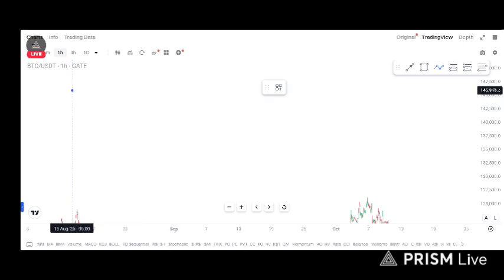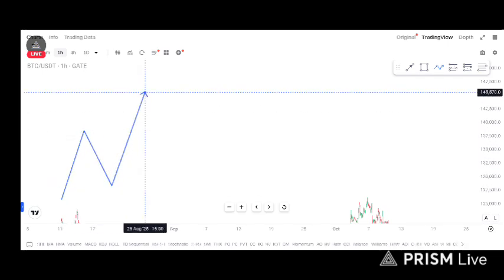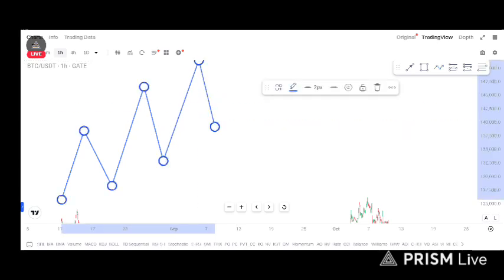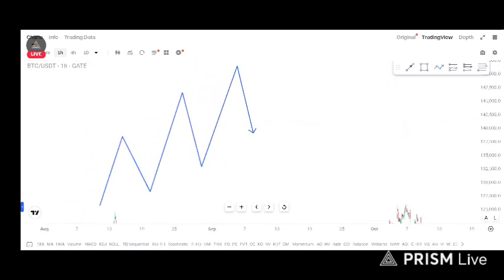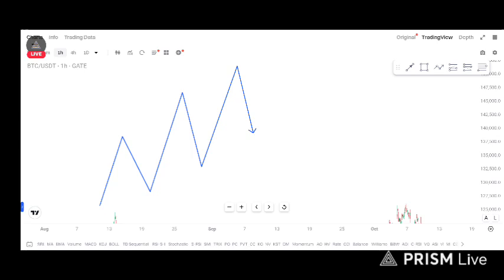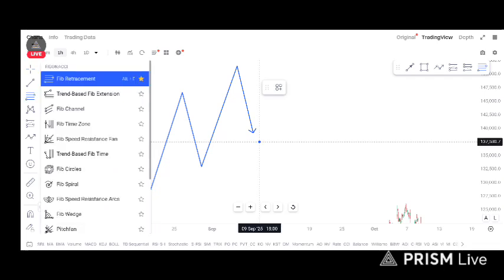Now, what is an uptrend? Let's start with uptrend. An uptrend is when the market is creating highs and lows. So we have this as our high.